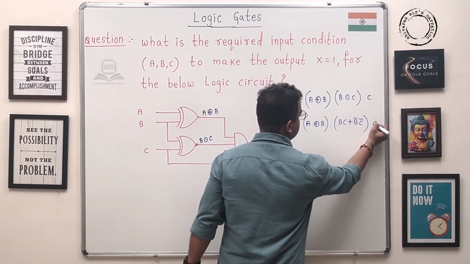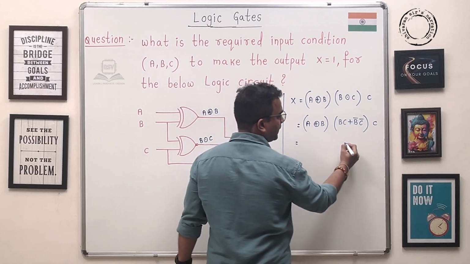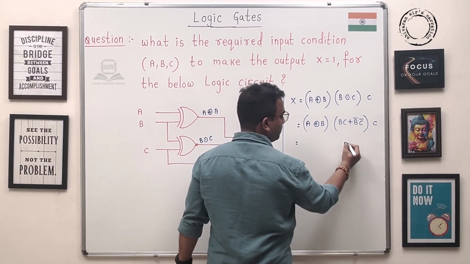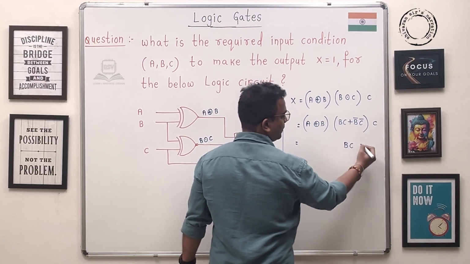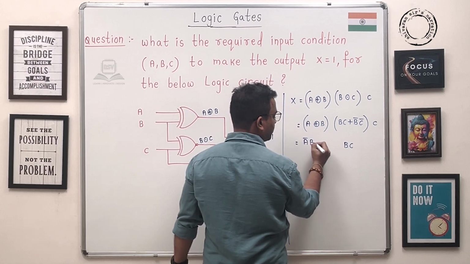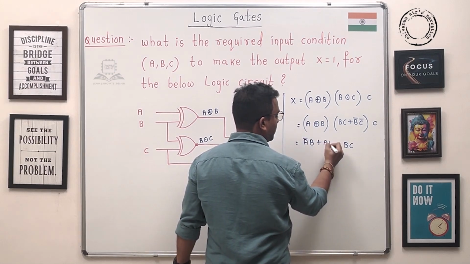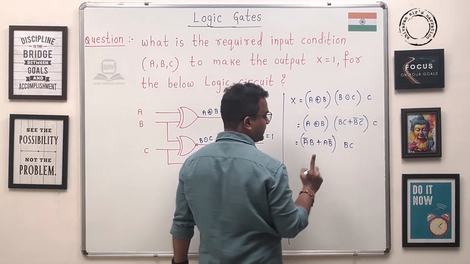Again guys, C. Now, if you multiply, what do we get? BC into C is BC. C bar into C is 0. Then it is (A bar B + A B bar), the XOR output expression, into BC.